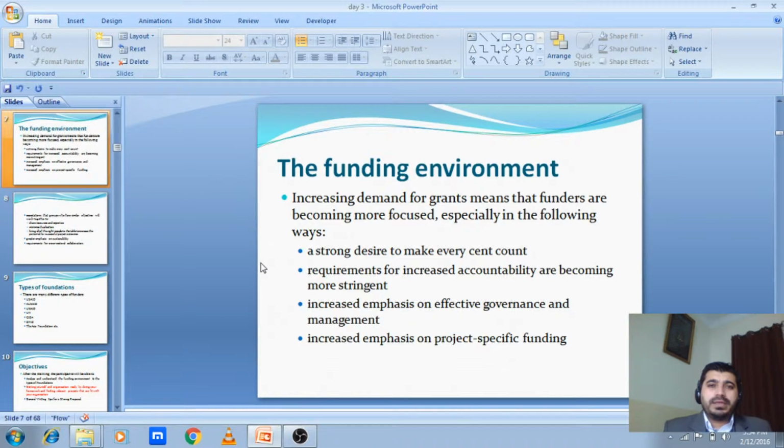As you have seen, many different social organizations have been registered these days, and different government spendings have been cut as well. So it means that since the number of social sector organizations is increasing and government spendings are reducing, competition is increasing among different social sector organizations for funding, for the grants.